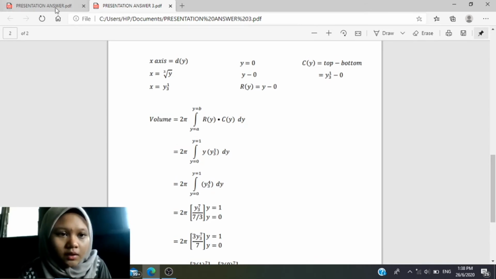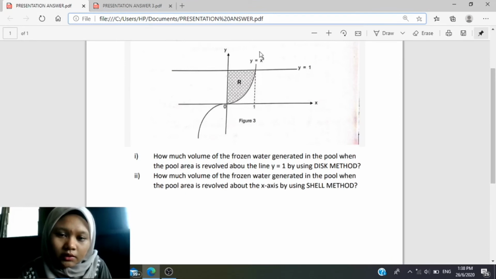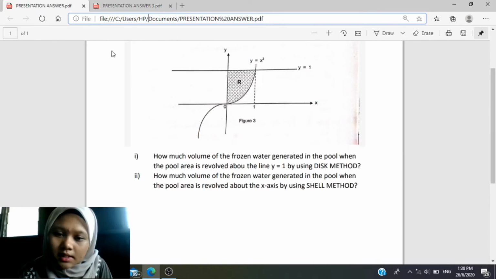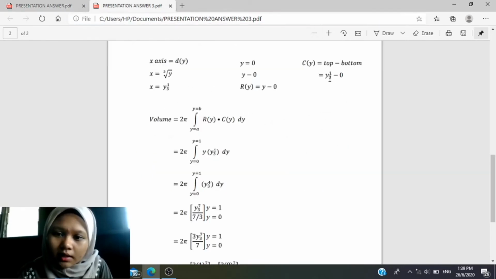We know the top minus the bottom. The bottom is 0, and the top, after we make the solution here, is y to the power of 1 over 3, minus 0.